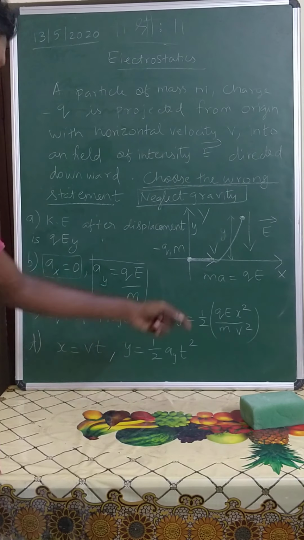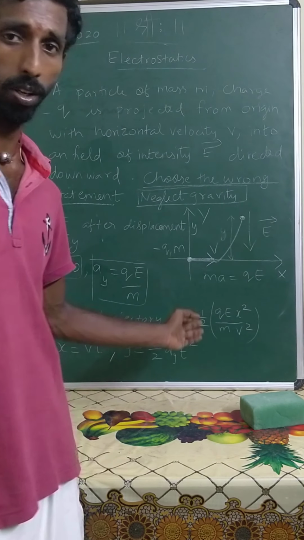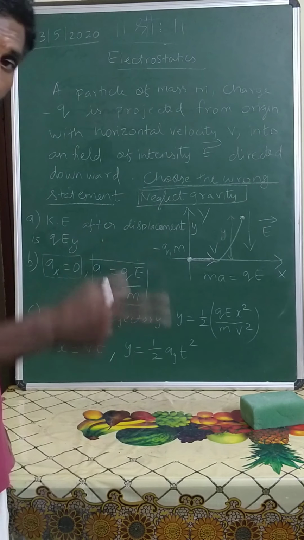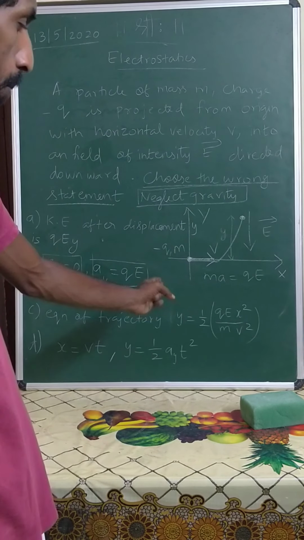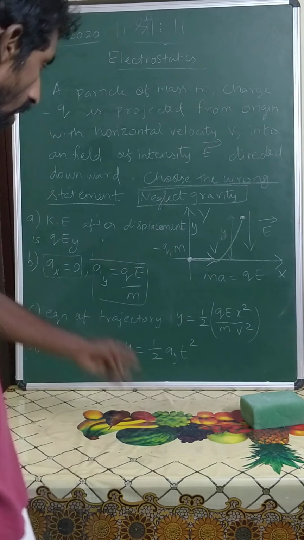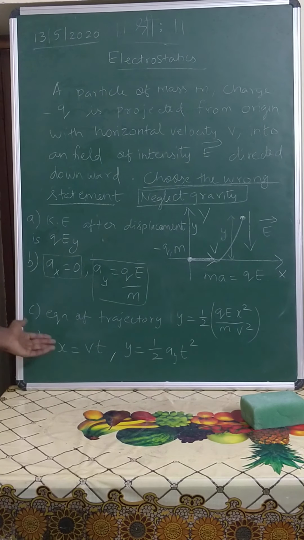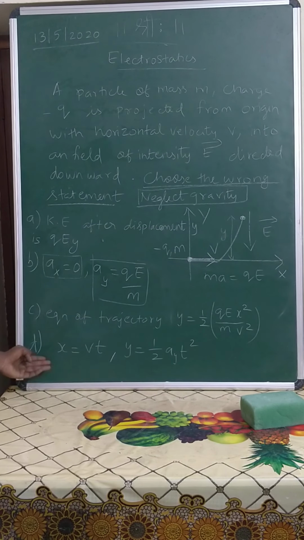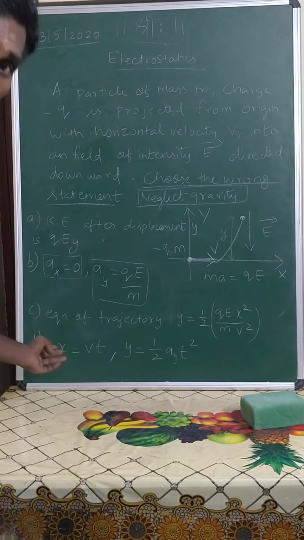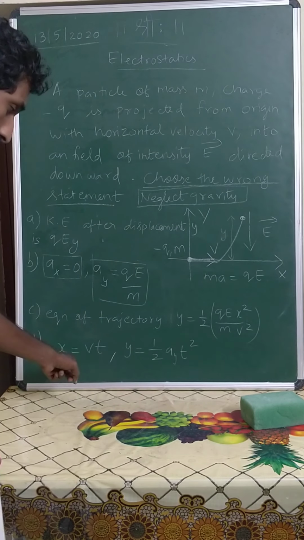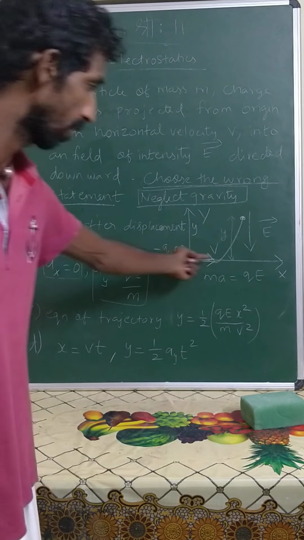Now the equation of trajectory. We know that y is equal to uy t plus half ay t square, and uy is 0, the initial velocity along the y direction. Actually ay is QE by m, so y is half QE by m t square. Along the horizontal direction, x is equal to ut plus half a t square, and a is 0 along x, so x is equal to vt because the initial velocity is v.